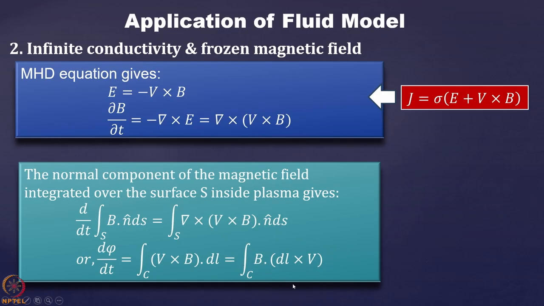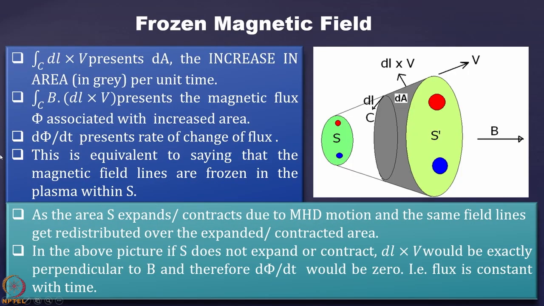Now what does this actually signify? dφ/dt is the change in flux, and what is giving that is B · (dl cross V). Here dl is the loop and V is the velocity, and dl cross V basically gives you an area.